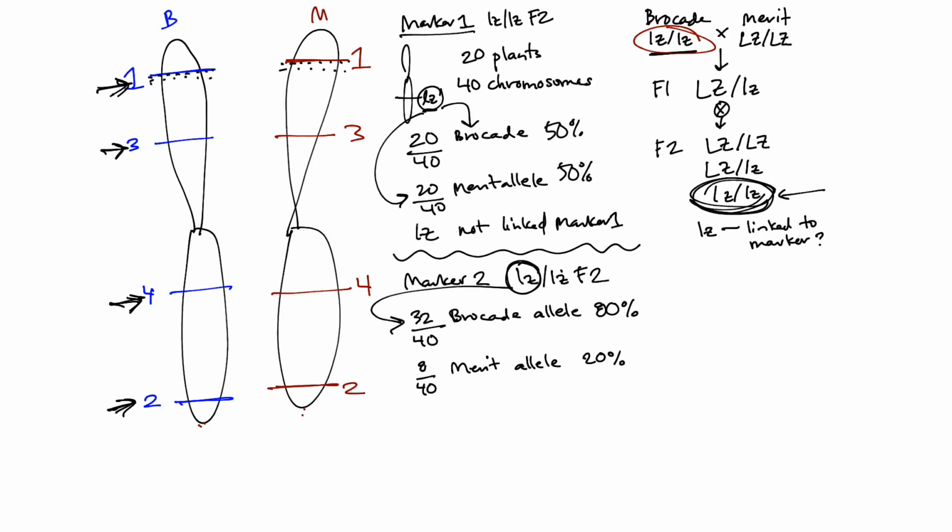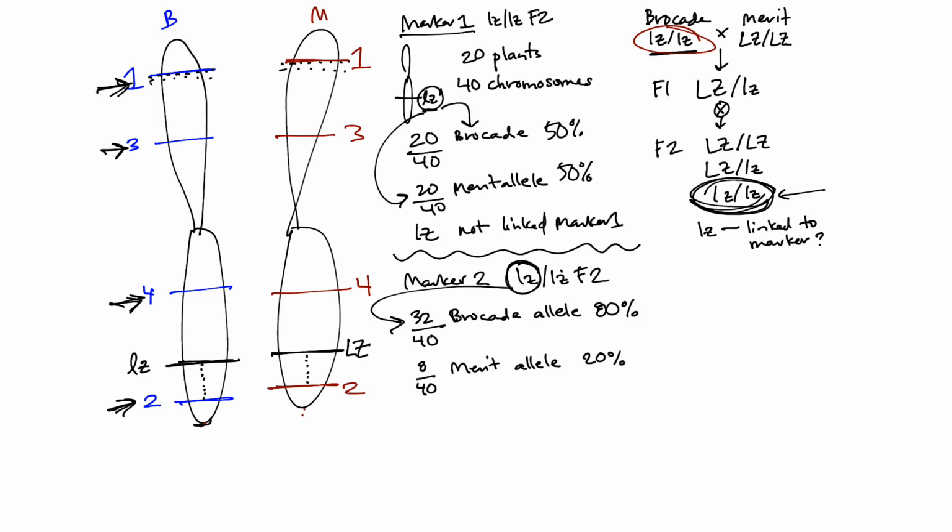So what we can do here is draw the LZ allele on the chromosome. We know now that LZ must be linked, closely associated with this marker 2. So I'm going to draw LZ next to it here. I'm drawing the little LZ on the Brocade chromosome and the wild type LZ on the Merit chromosome.